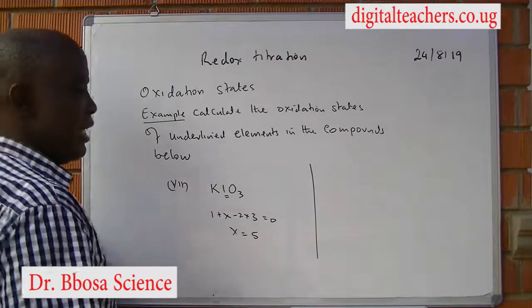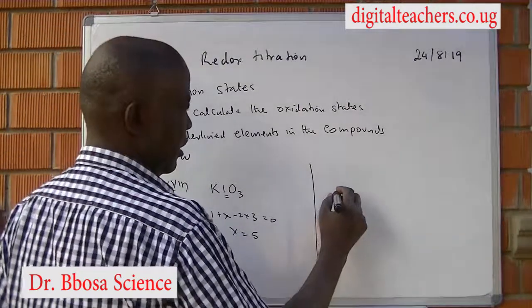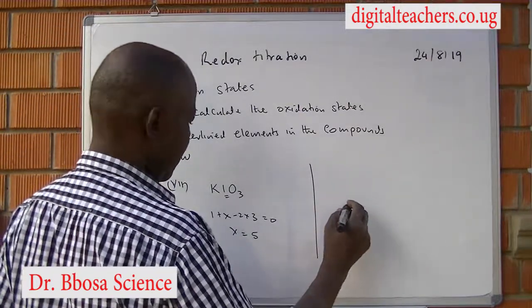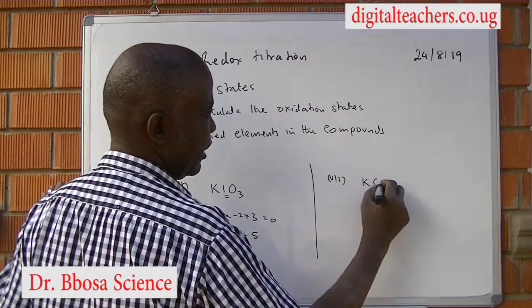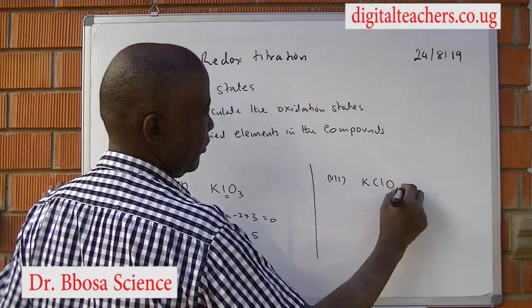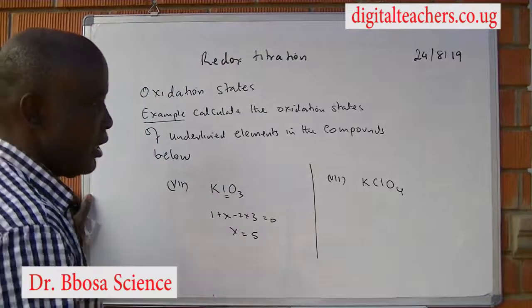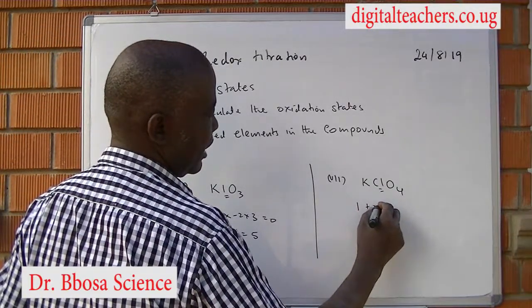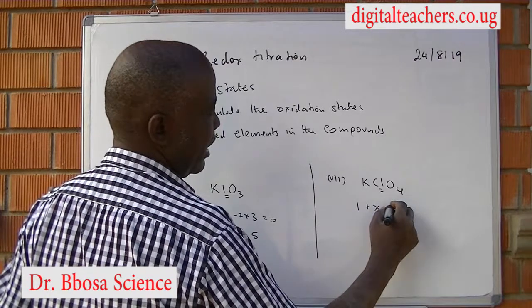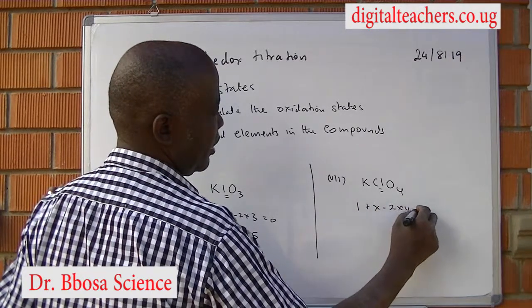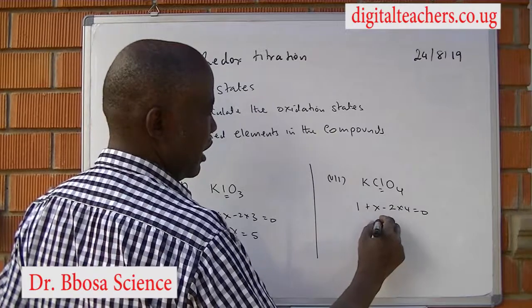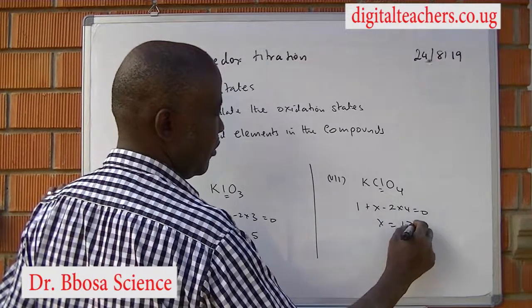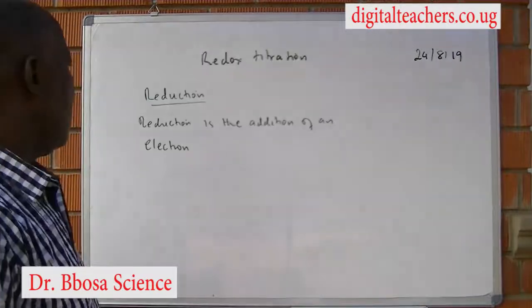Or if you are asked to calculate the oxidation state of chlorine in potassium chlorate, again we shall say that 1 plus x minus 2 times 4 is equal to 0. Therefore x is equal to positive 7.